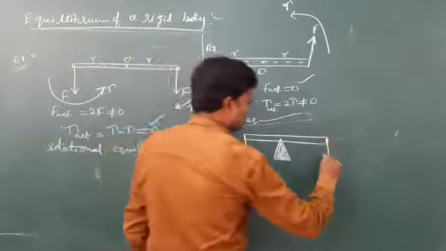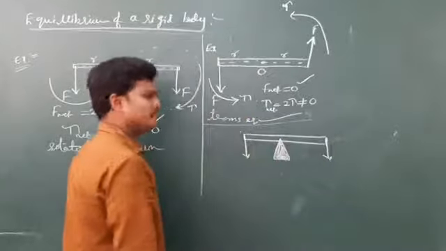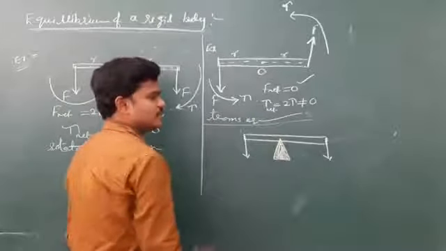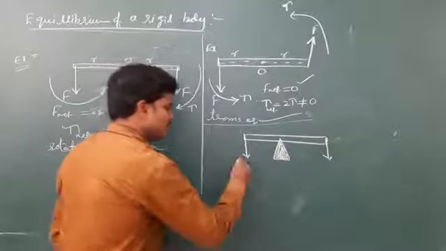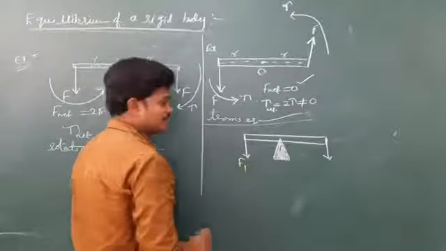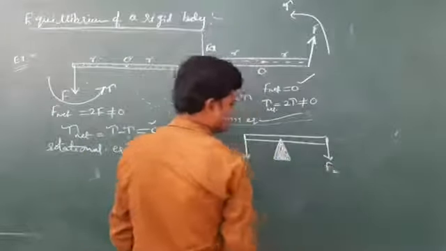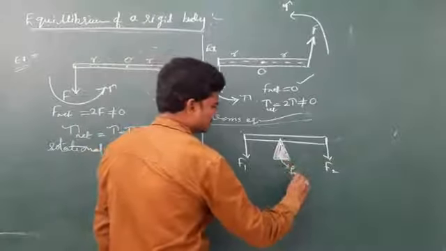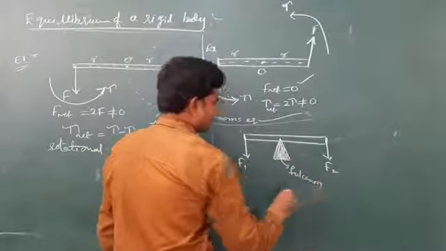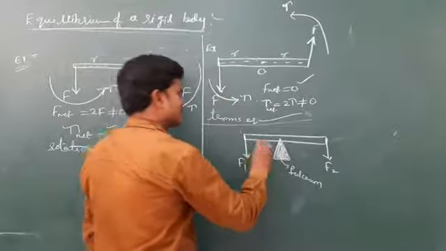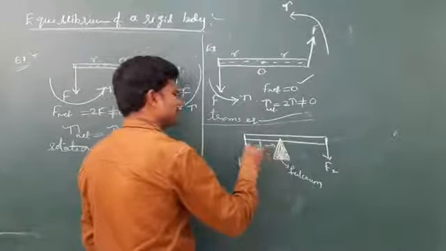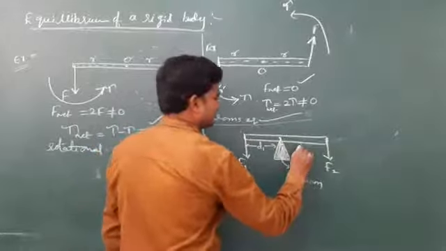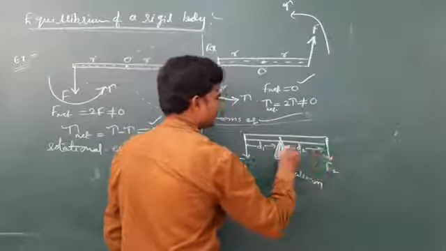One more kid, or some other person, is sitting on the other side, whose weight also acts downwards. Let us suppose F1 is the weight of that person, F2 is the weight of the other person. This is the fulcrum, and this is at a distance of, let us suppose, D1 from the fulcrum. This is at a distance of D2.